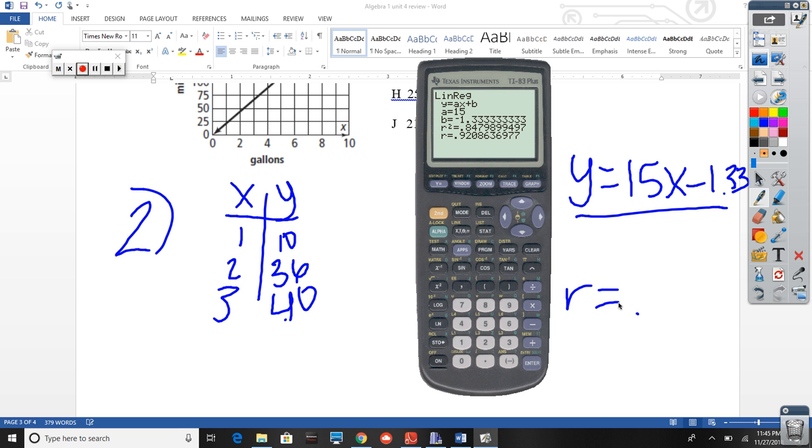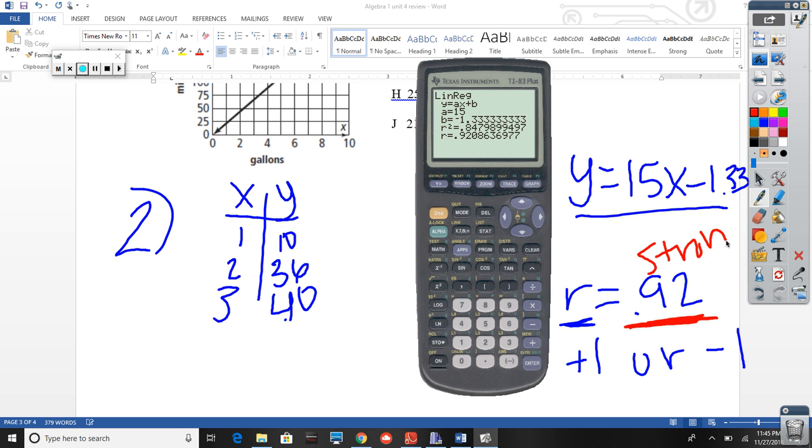R equals 0.92. You want r to be close to either positive 1 or negative 1. This is very, very close to positive 1. Therefore, it tells me if I was to graph this would have a strong correlation, which means it is very likely that these points form a straight line when I make a graph out of them.